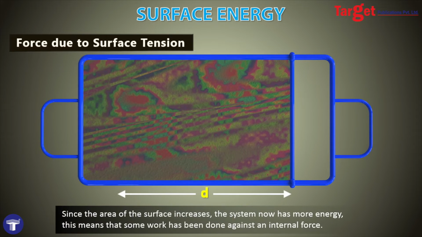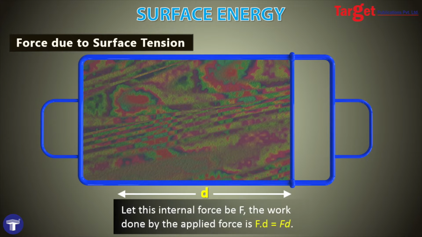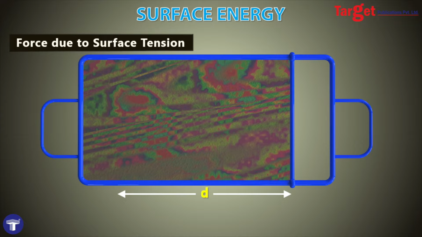Since the area of the surface increases, and since we have done this against the forces which were trying to decrease the surface area, the system now has more energy because some work was done against these internal forces. Let this internal force be F. The work done by the applied force is then simply F into d, that is force into the distance by which the bar was moved.